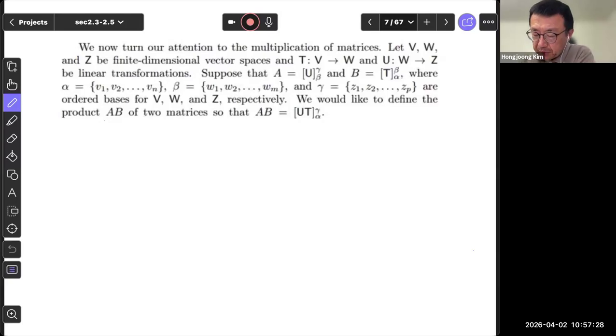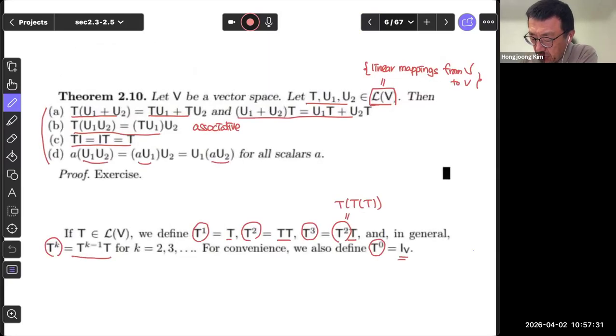Before I do that, these powers of T will appear quite commonly. If you came from engineering, in dynamical systems or Markov systems, or if you came from economics, probably you have heard of the Markov system.